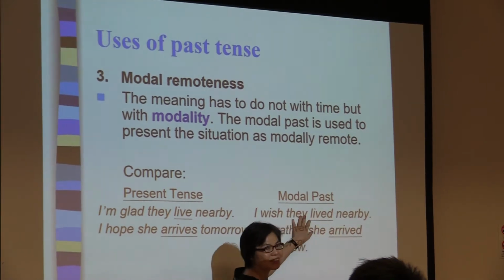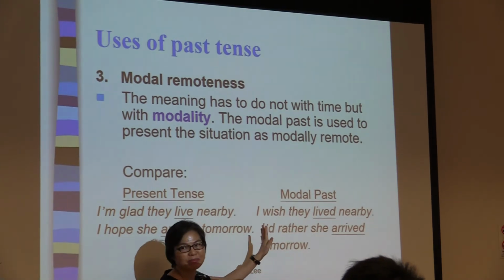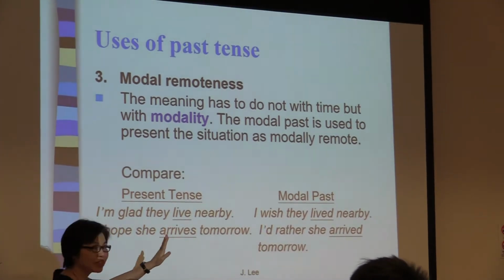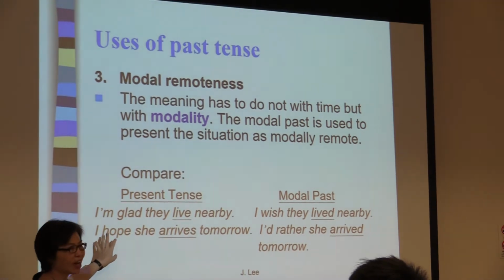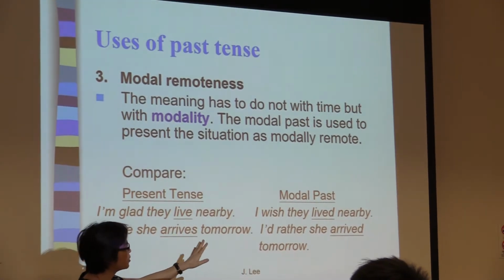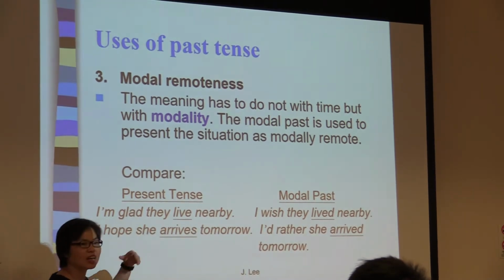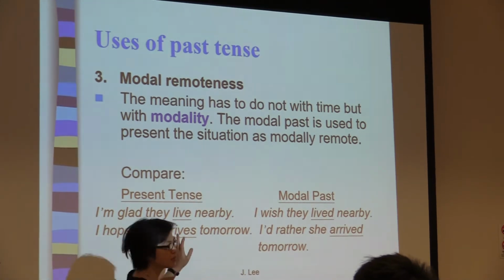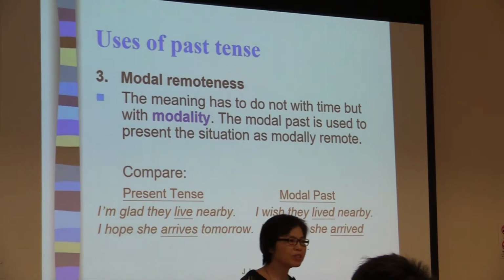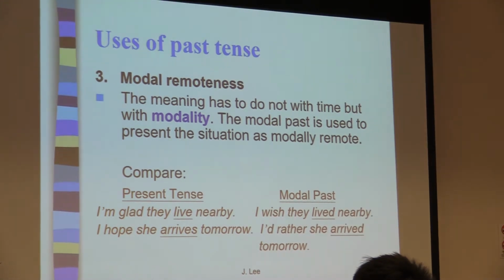No, because when you use wish, it's something remote. The wish can't be realized. If it can be realized, then you should change it to hope: I hope they will live nearby, they will move to our place, or I hope she arrives tomorrow. So hope means something that can happen, but wish, no.